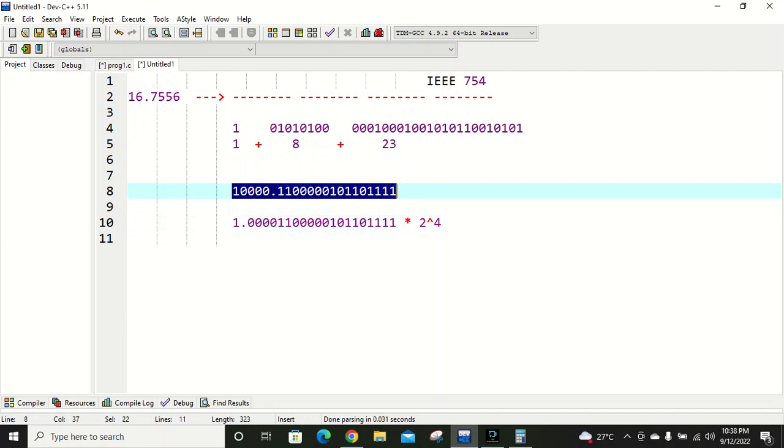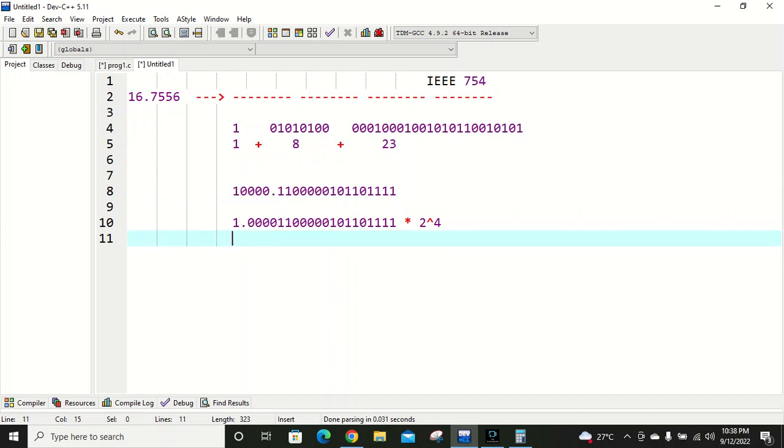I convert 16 into binary, I convert 7556 into binary, and finally I normalize that. So I am moving this decimal point here and here. When I put it here, I move it 4 places, 1 2 3 4. So 2 to the power 4. Okay, so what we are going to store is the very important thing.